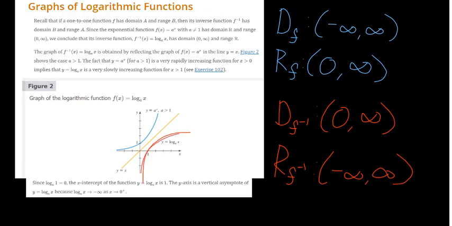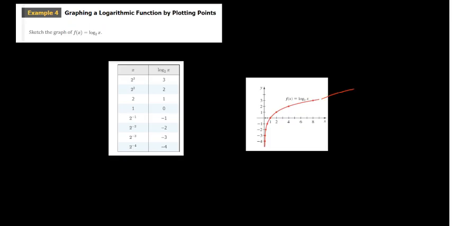Once we know the anatomy of the logarithmic function, which is what example 4 is showing you, then we can start doing the transformations. Again, this particular graph is just basically what we saw on the previous page, right? We're cutting through the point 1, 0, and then we're just slowly going this way forever. That's really about it. Again, this example is all about the anatomy of the logarithmic function. We need you to understand what it looks like and how it behaves. As far as plotting points, we're done with that. Just showing it for this one example.